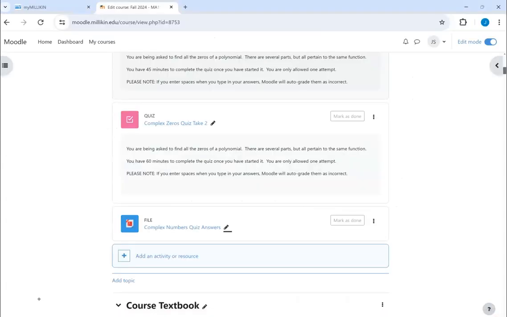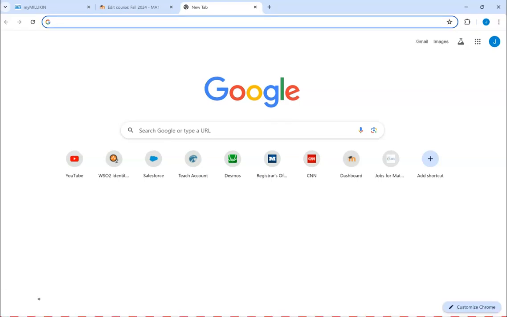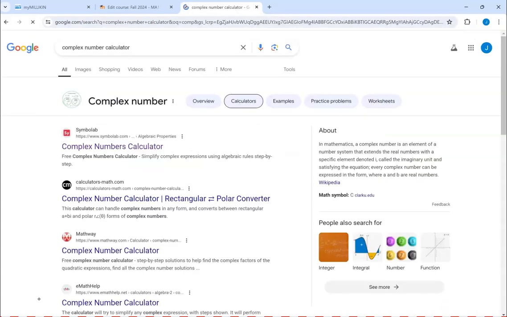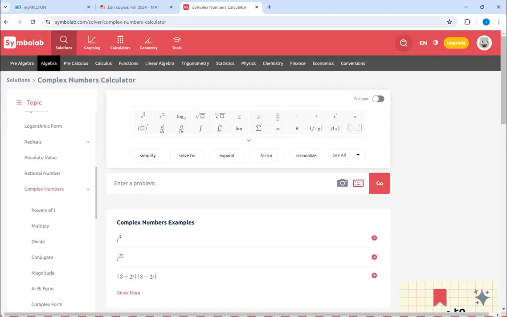Okay. So if you were struggling with some of the calculations, one of the things you might want to check out is, oops, I'm probably my keyboard. There are complex number calculators on the web. So Google search for complex number calculator. Symbolab comes up first. Sure, why not?